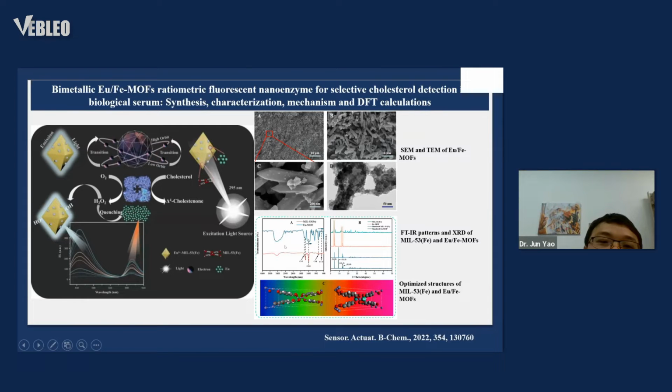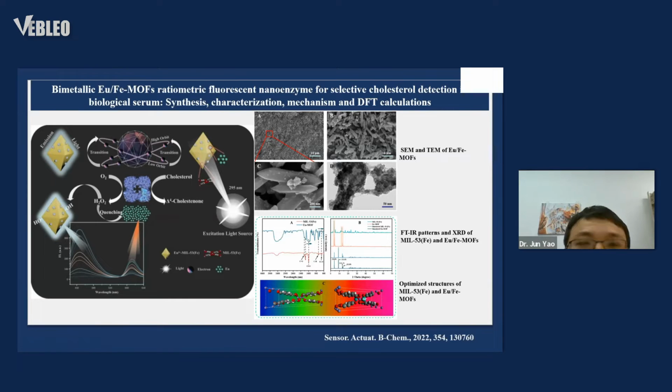This is the SEM and TEM of the doped MOFs. From this picture, we can see the doped MOFs is in a rod-like structure with prismatic tips.